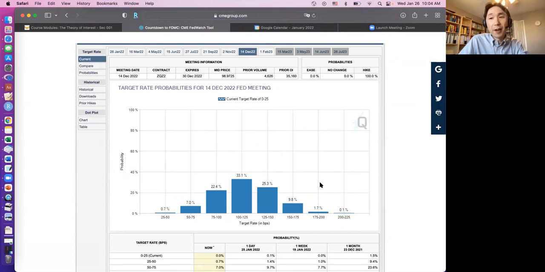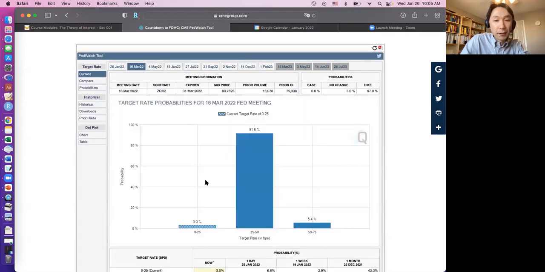So you don't really have to listen to the Wall Street Journal or New York Times or any economists. This is the most accurate and up-to-date forecast for US interest rates. For example, in March, we will probably have one interest rate hike.